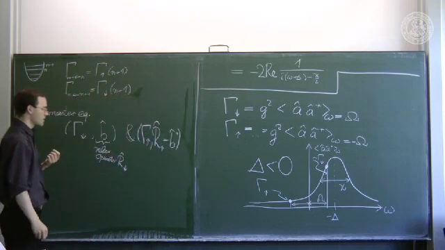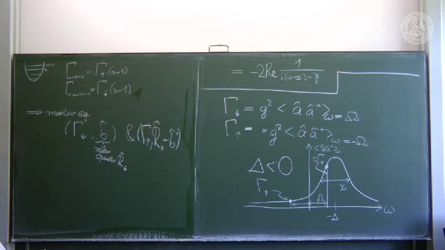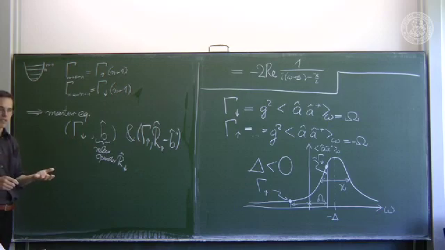Plus there would be corresponding other terms that describe the coupling to the equilibrium environment, the mechanical equilibrium environment. But for the moment, let's forget about that. Let's claim that this mechanical equilibrium environment is not really important because this cooling is so strong that we completely overwhelm the coupling to the intrinsic mechanical bath.